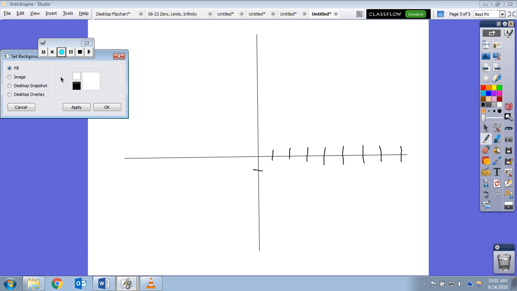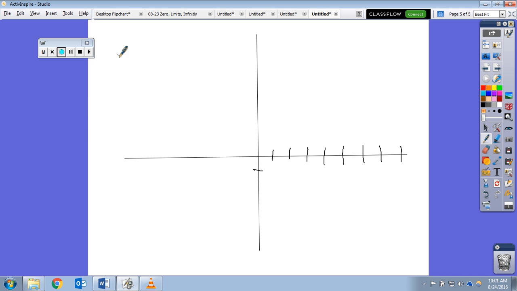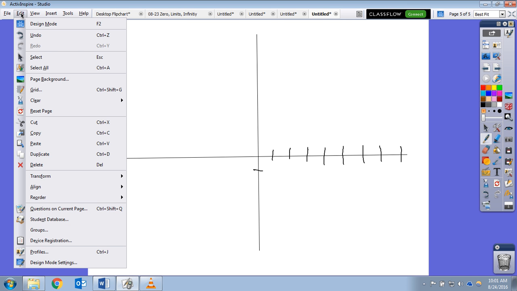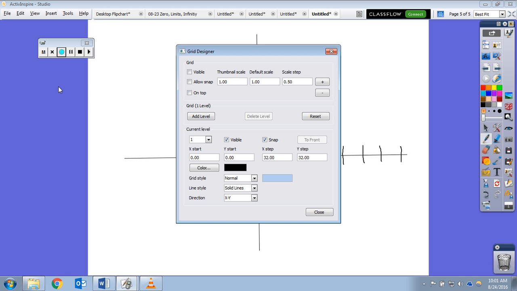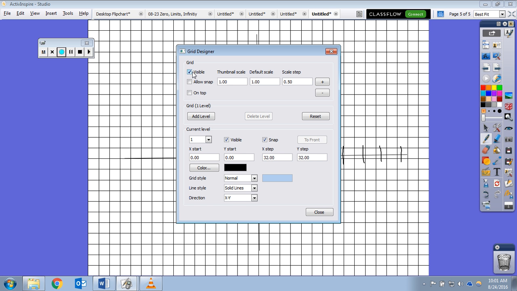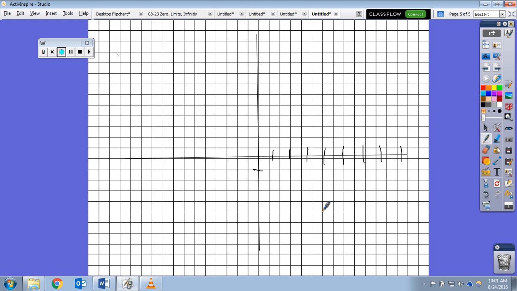Page background. No, grid. Oh my god. Grid. Thank you. Is this it? The top left is visible. Ah, okay. Right.